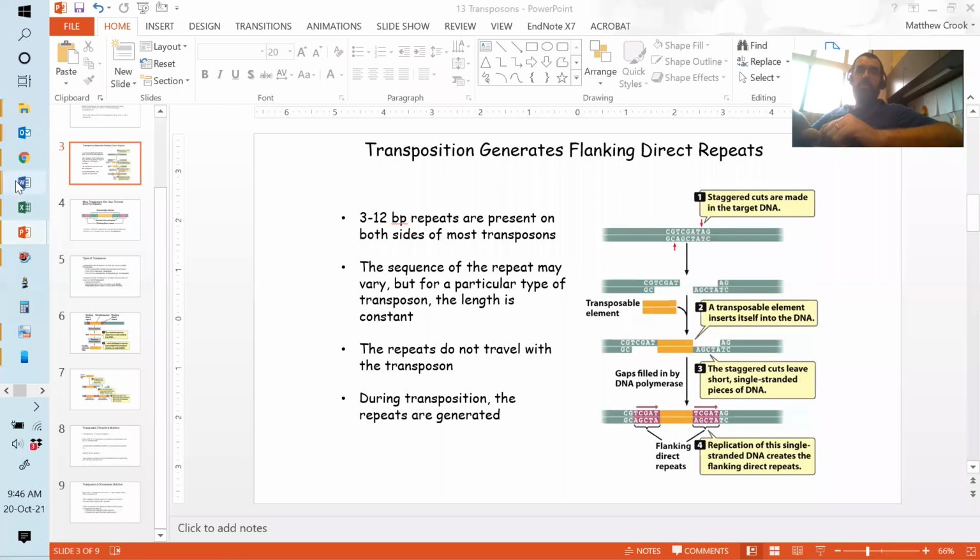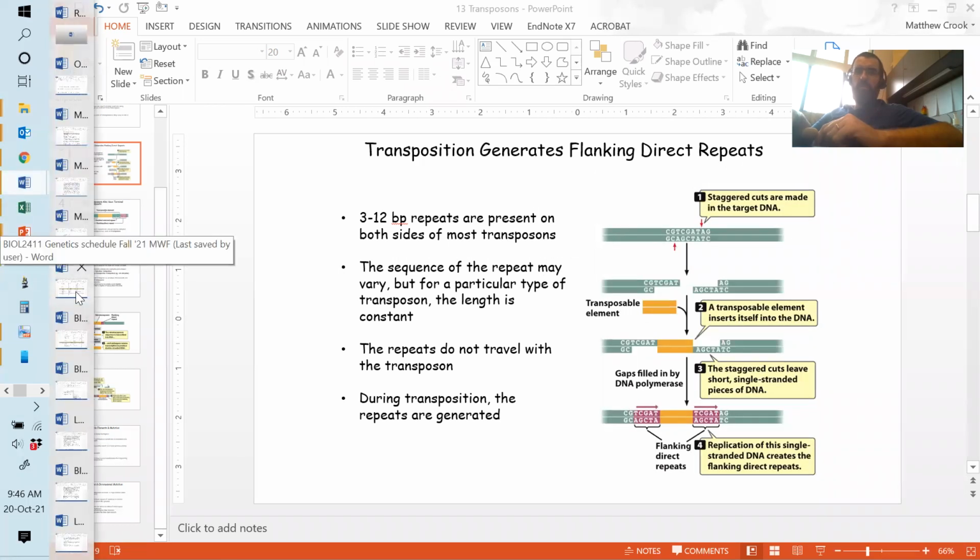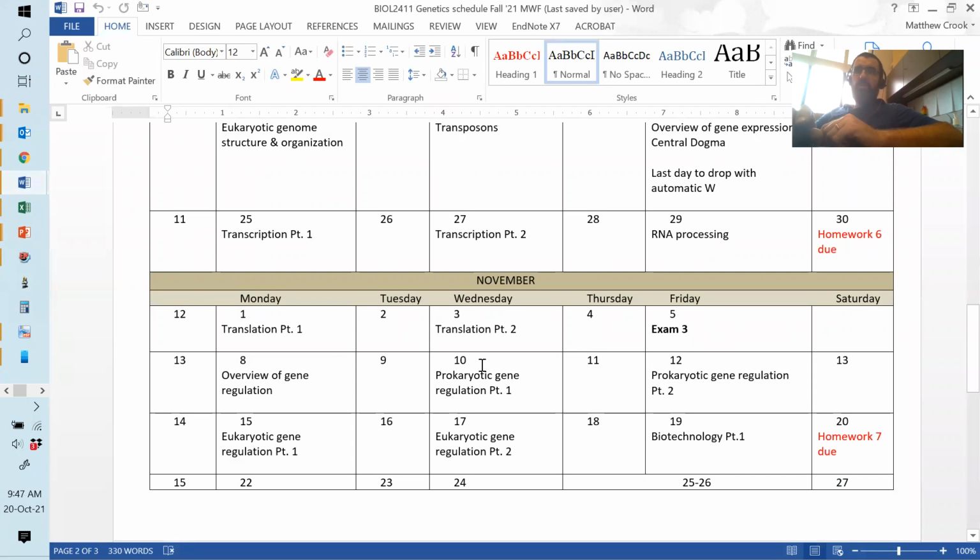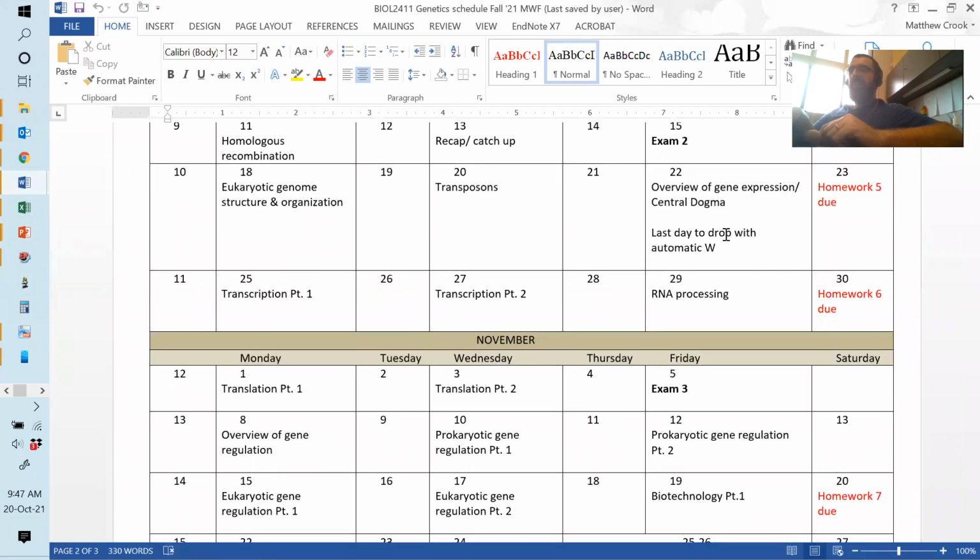So next up, we're going to start on, I hate calling it central dogma for obvious reasons, I've already told you, gene expression. And that's going to take us all the way to exam 3. Actually, I think that's Guy Fawkes Day in the UK. There you go, a little bit of culture.